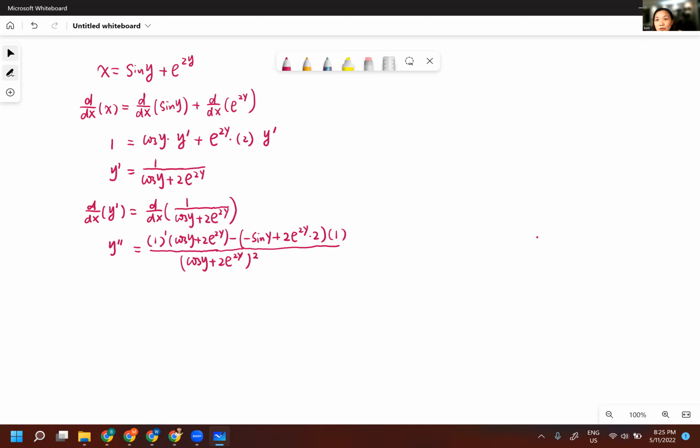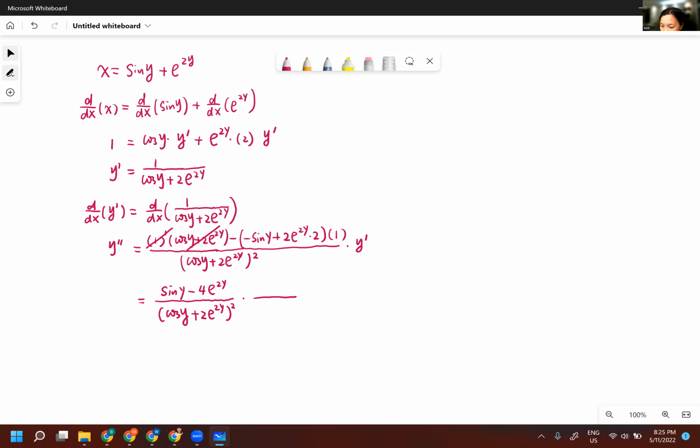Now remember, I'm doing d/dy now, so I need to multiply dy/dx. So I multiply y prime. Okay, and then simplify. This is 0. So positive sine y minus 4e to y divided by bracket cosine y plus 2e to y squared.